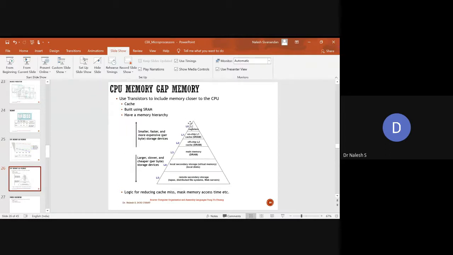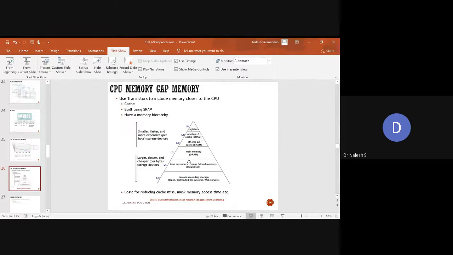Where you have registers, you have cache, on-chip cache, off-chip cache, main memory, etc. And you use what is known as locality. Generally programs have spatial locality and temporal locality. Temporal locality means there is a chance that some data you have used will be reused again immediately.